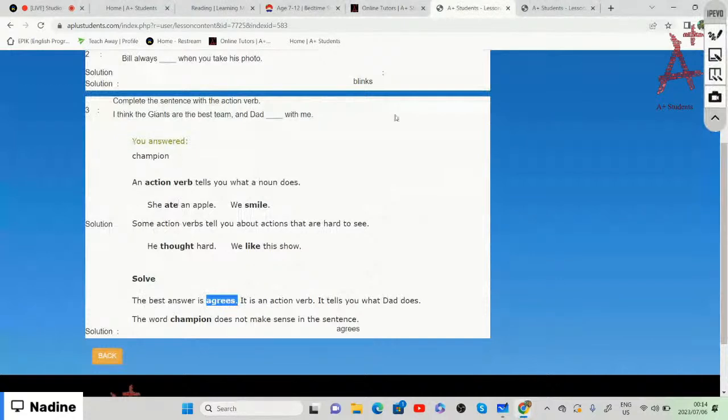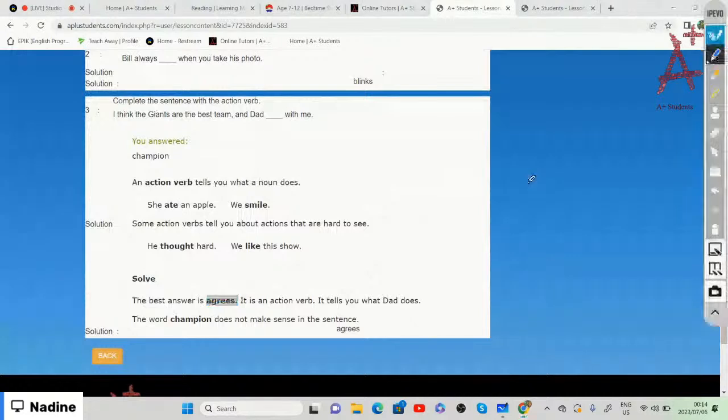So I think the Giants are the best team and dad agrees with me, right? Not champions, because champion doesn't make sense in the sentence. Remember, you also need to find a word that makes sense or matches the sentence.